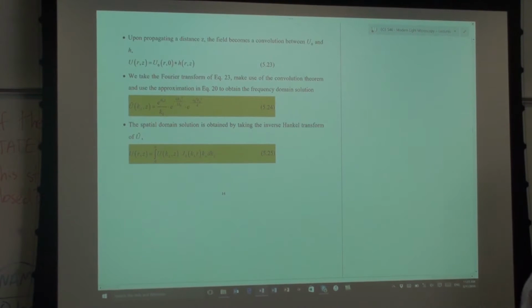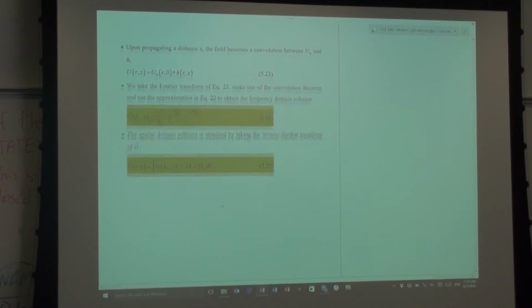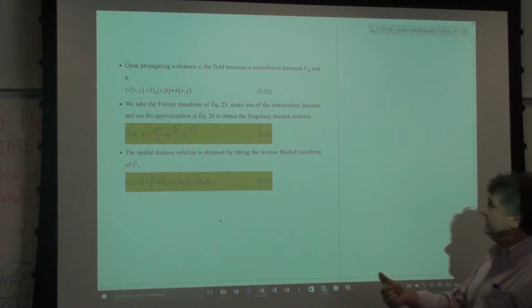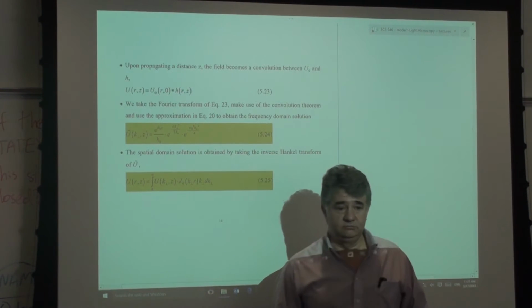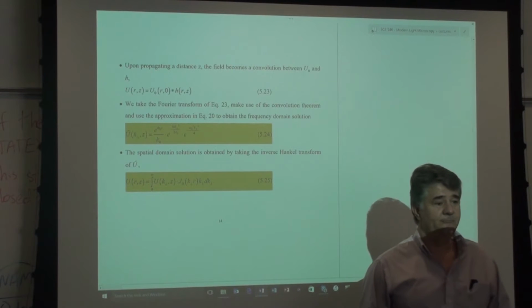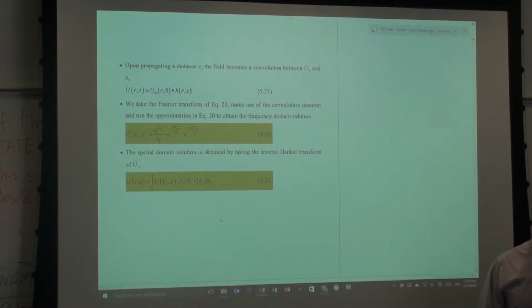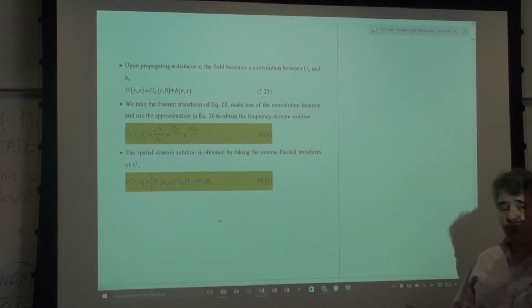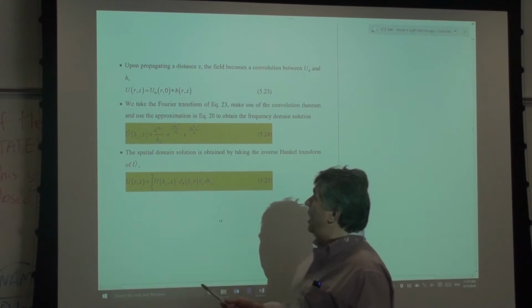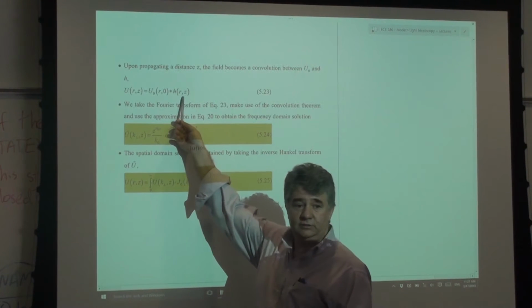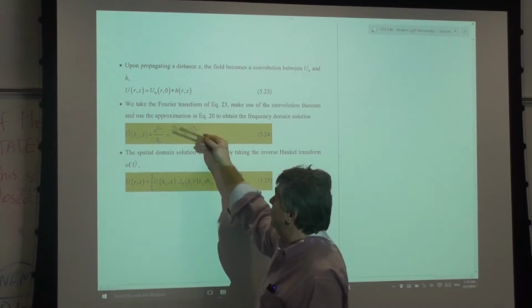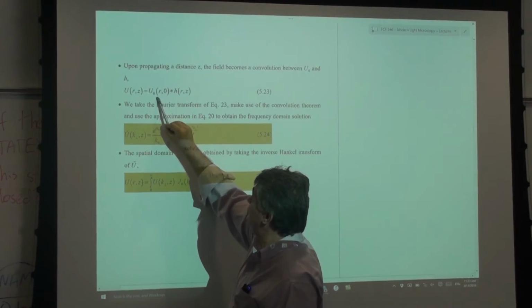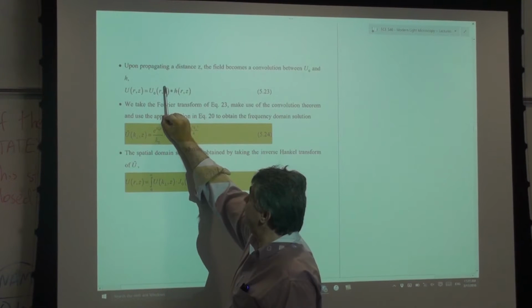Okay. Now, I have a Gaussian beam of a certain width, W. I want to propagate it over an arbitrary distance, Z. So, according to my small angle approximation, I have to use my Fresnel approximated kernel H. Basically, this is my input, U naught, at, let's say, Z equals 0.